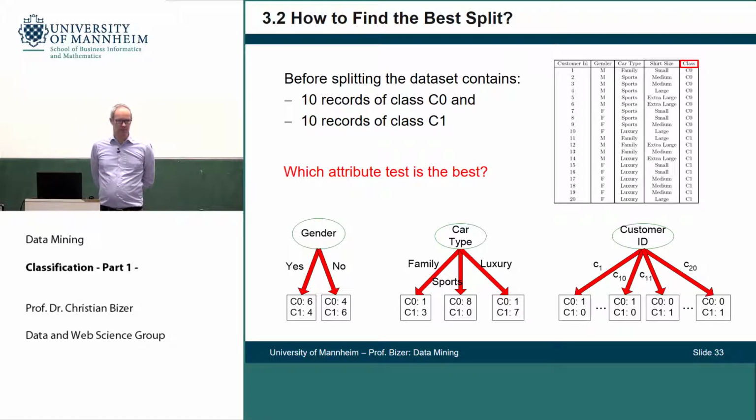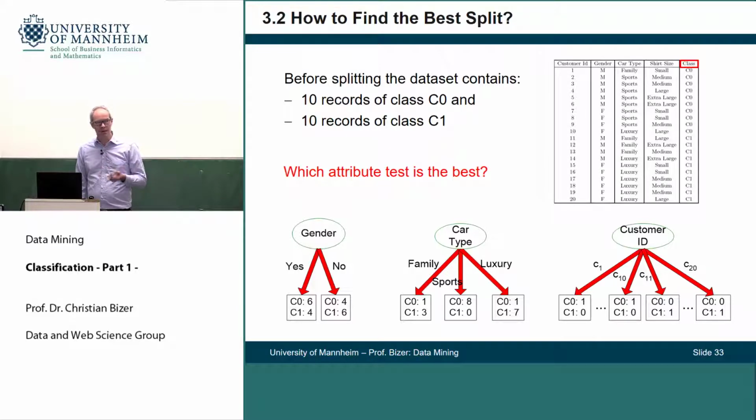So now the more challenging, the second question: which split is the best one? We have a data set of 20 records, 10 belonging to one class and 10 to the other. Now we want to divide them into sub-buckets by looking at the attributes, in a way that the resulting sub-buckets are cleaner, with a higher purity.